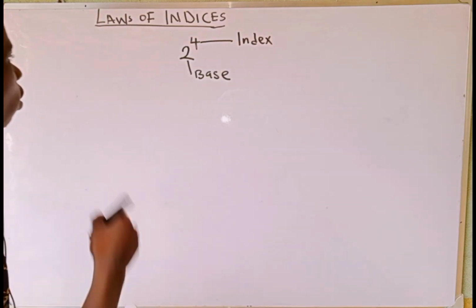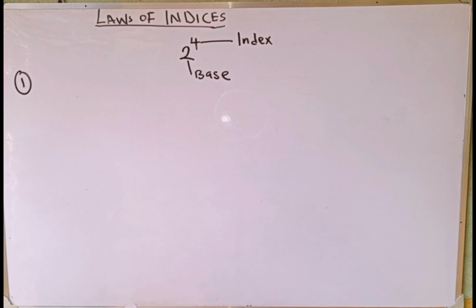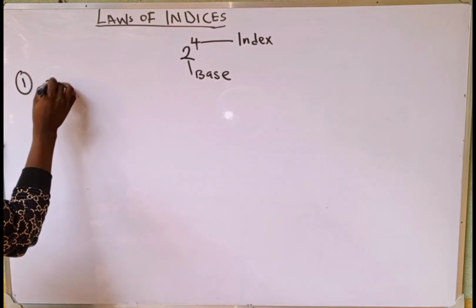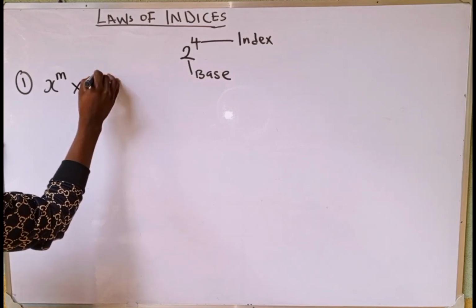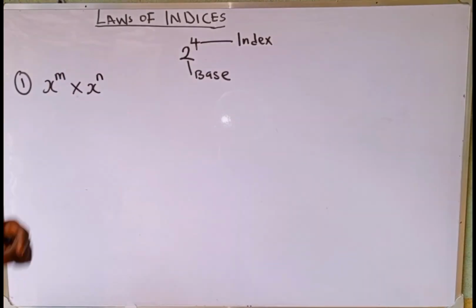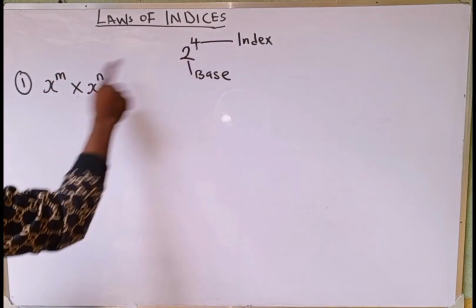Now let us look at law number 1, which is called the multiplication law of indices. Suppose you have x raised to the power of m multiplied by x raised to the power of n. So this is the multiplication law of indices. The base here is x and the index is m.